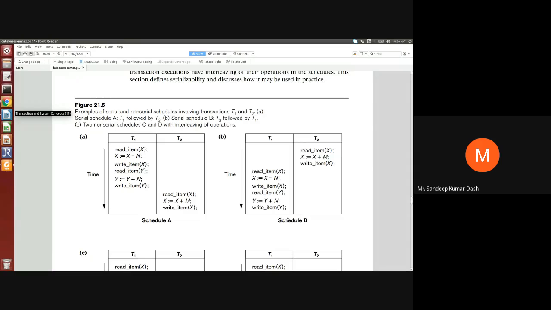So what will be the result of X and Y after this schedule finishes? 89 and 93. Same as schedule A? Yes, sir. That means here also you got the same result.